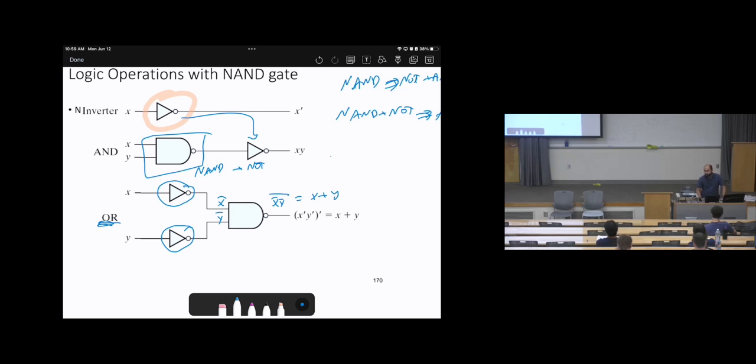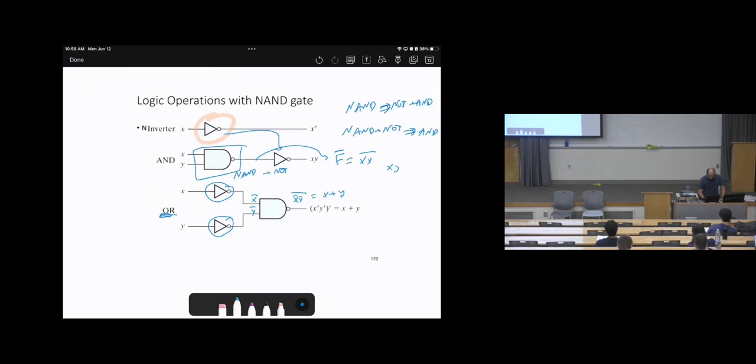Okay? While here, F equals XY for the AND, then the function here, (XY) bar, we will make it F bar to be XY to make the complement over the function overall.